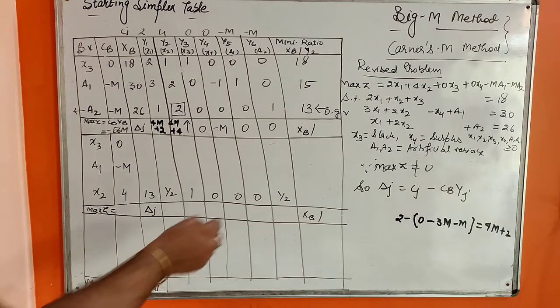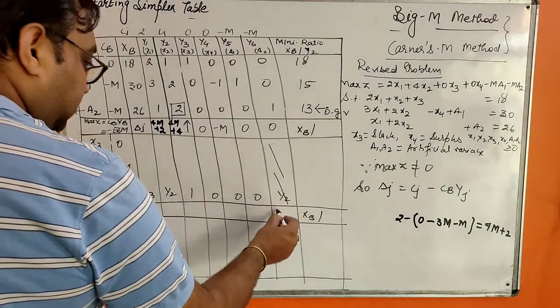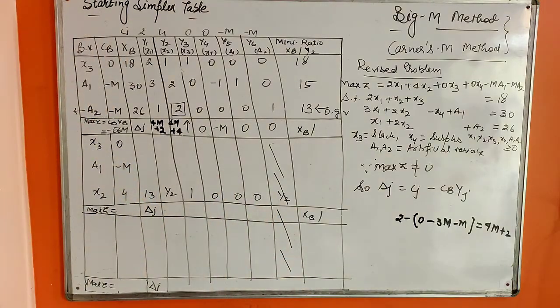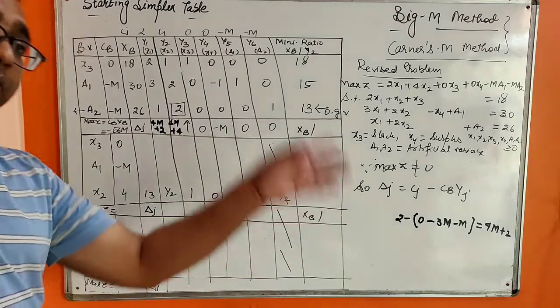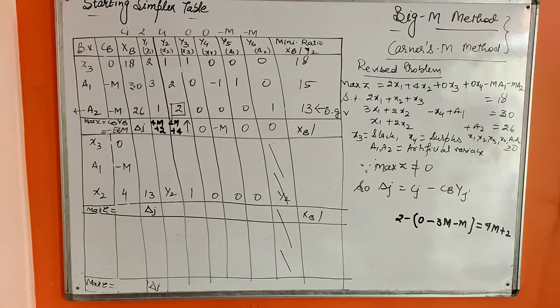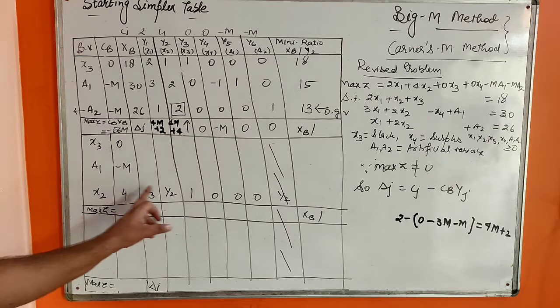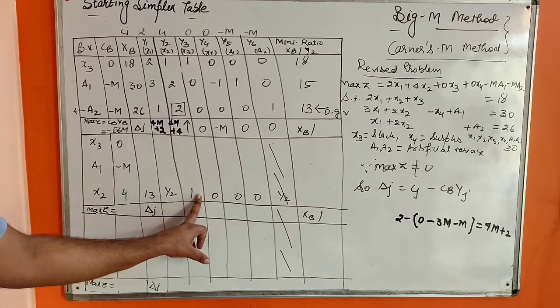We can directly cut this. If you wish to calculate it, you can, but there is no significance to calculating it. This is only added to make a unit matrix. So we are not calculating the value of A2 because this is the outgoing vector, and we can calculate all other values. Now the key element is made 1.